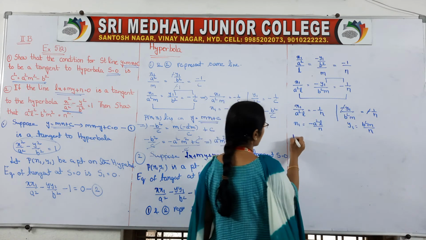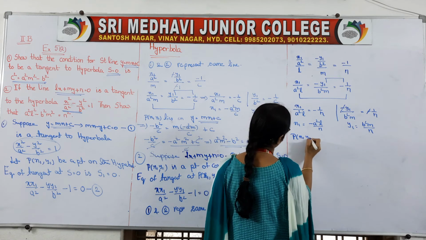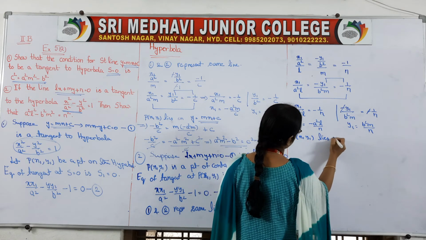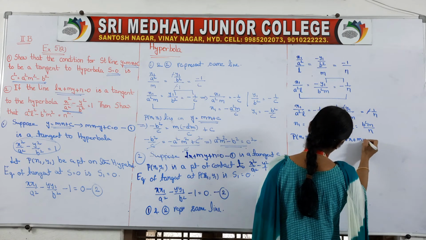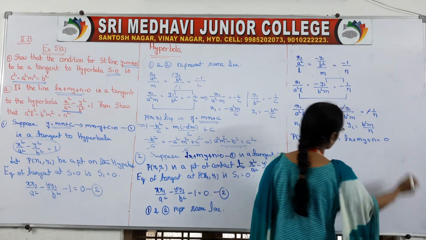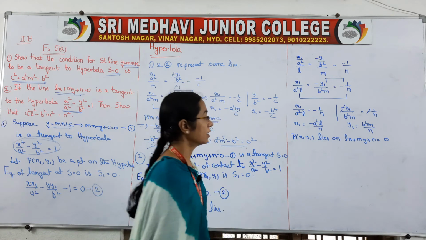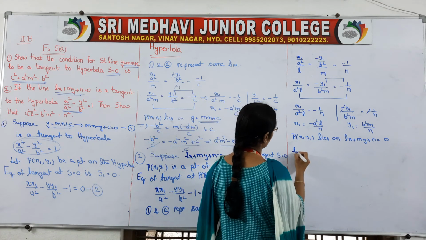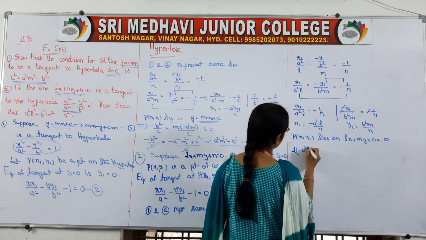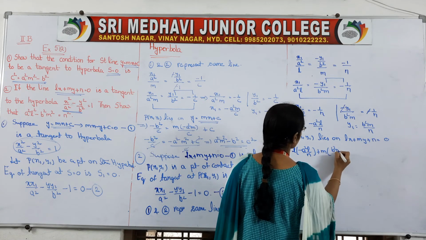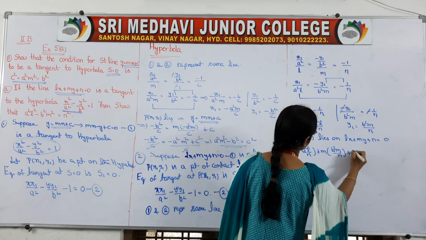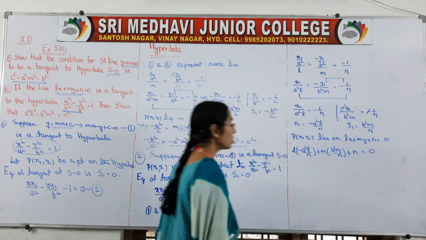Okay, this point P(x1, y1) lies on which tangent? Lx plus my plus n is equal to 0. Definitely it lies on that line equation. So L into minus a square L by n plus m into b square m by n plus n is equal to 0.